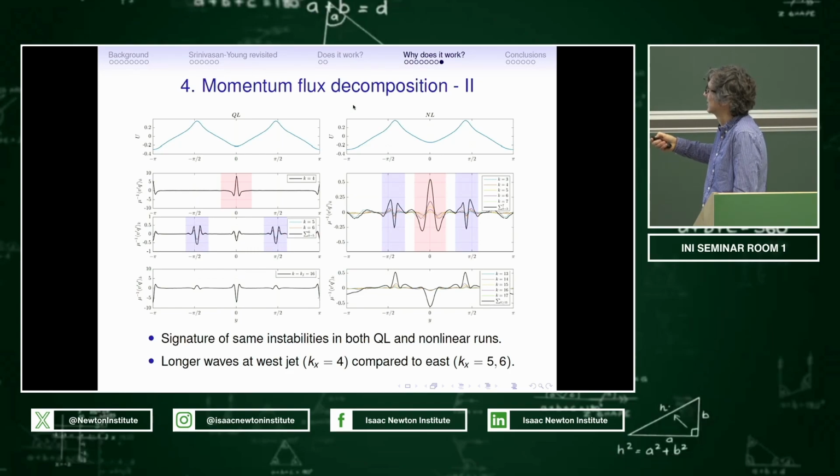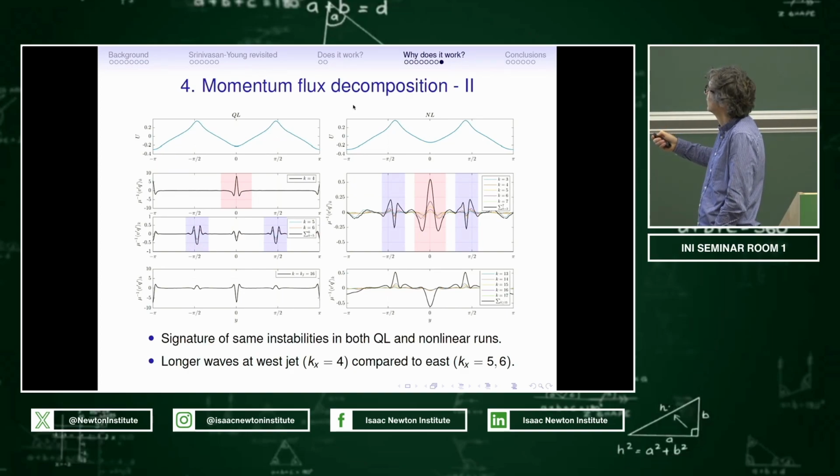So this is showing the contribution from wave number 4, which in this particular calculation is important at the westward jets, and then wave numbers 5 and 6 become important at the eastward jet.